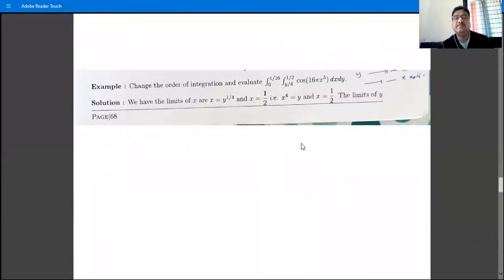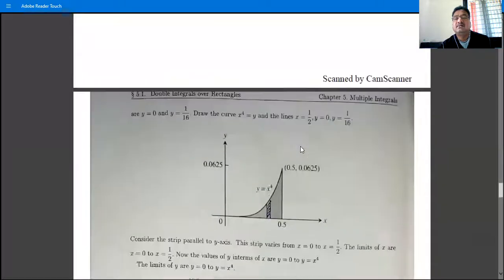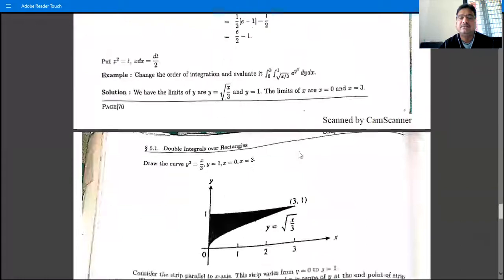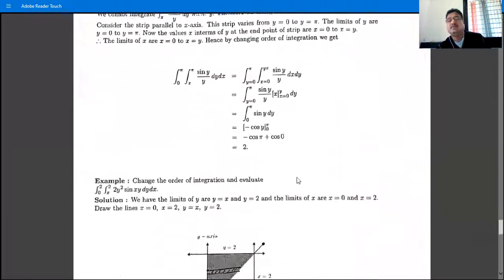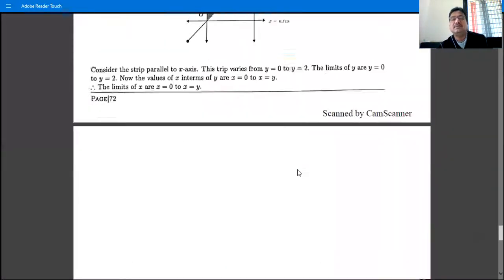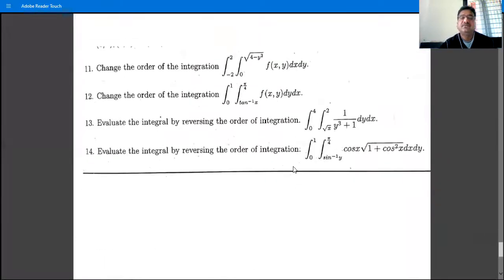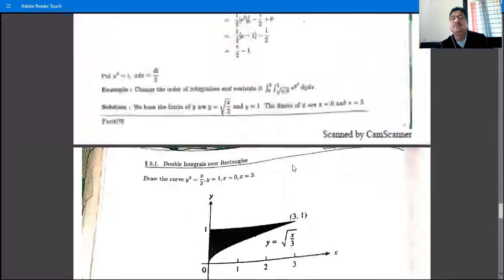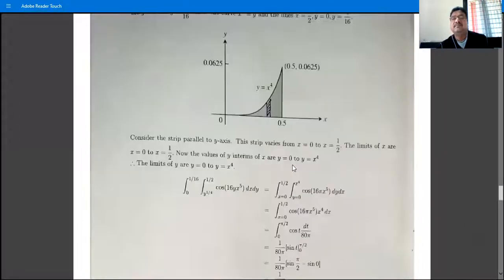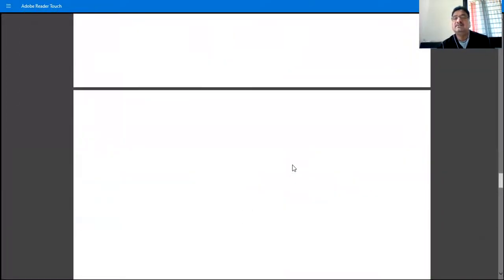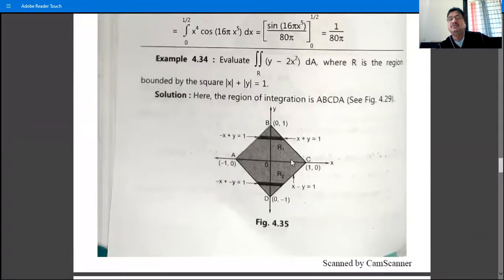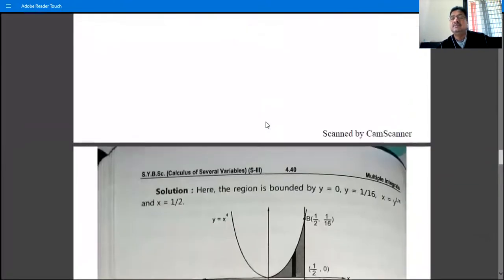These problems are problems of change of variables. Already these problems were discussed in the previous lectures. All the problems of change of variable, change of order, and simple double and triple integrals are covered, and the notes were communicated to you through the WhatsApp group.